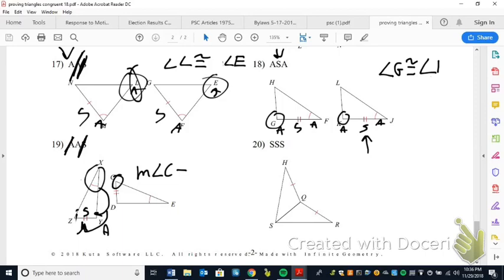So here, we need to be able to go angle to side. Here we go angle to side. Again, I put the measure of angle C, which is wrong.